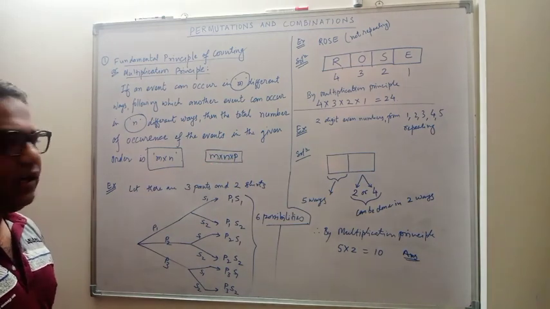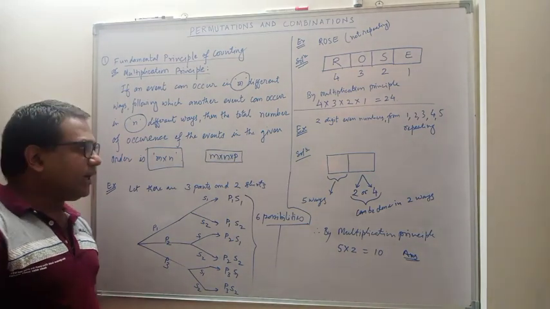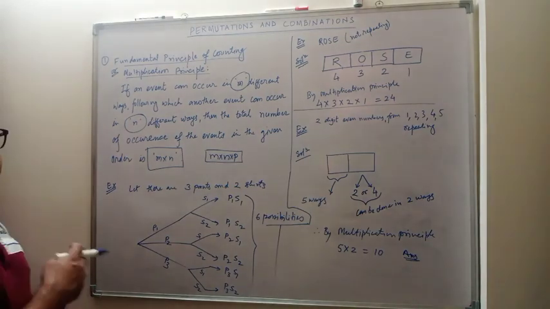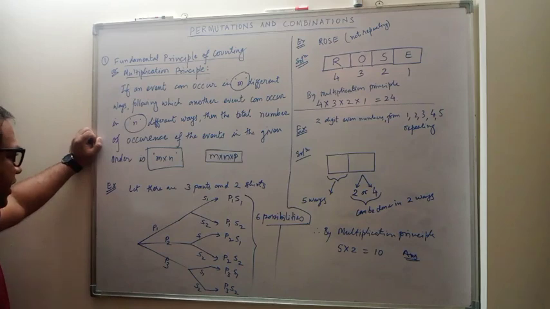So we can generalize it. There can be as many events as there are, and we can multiply all those events. So let us have an example over here.